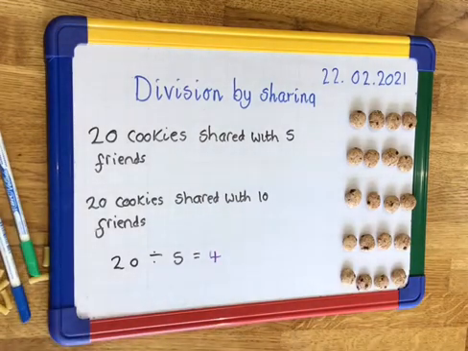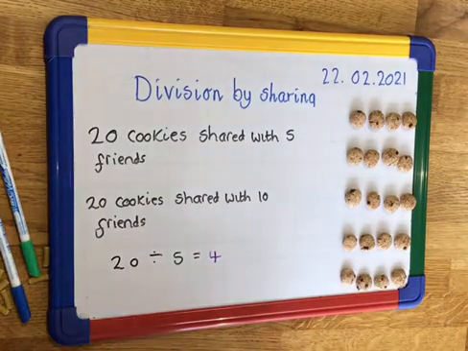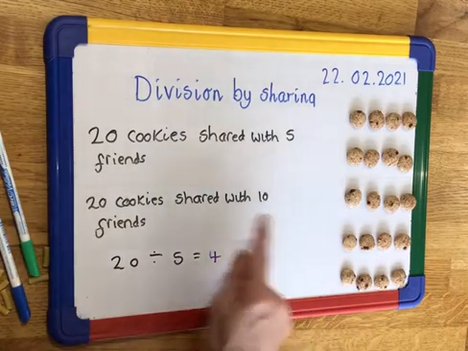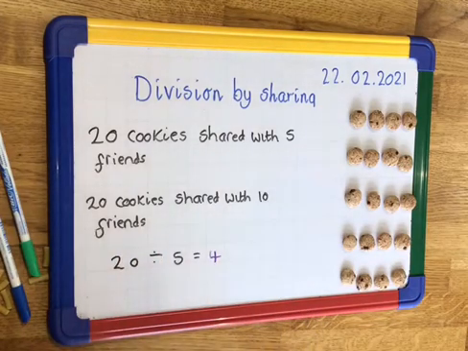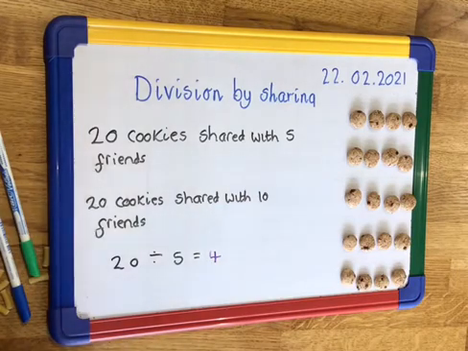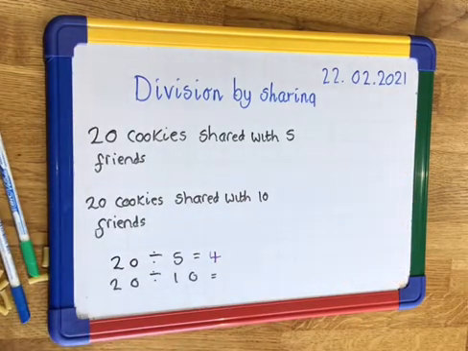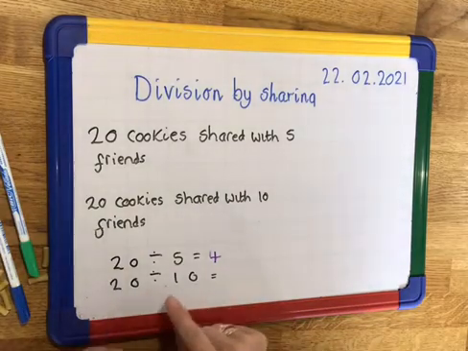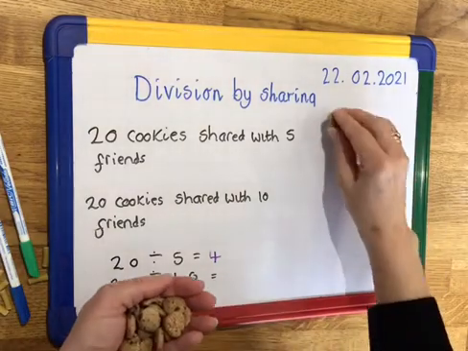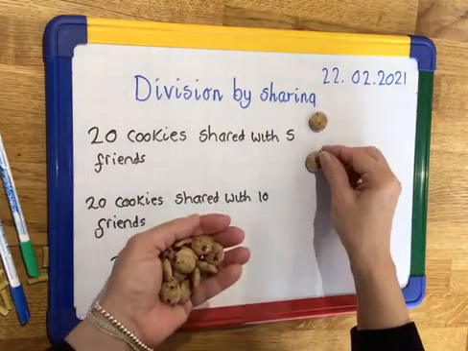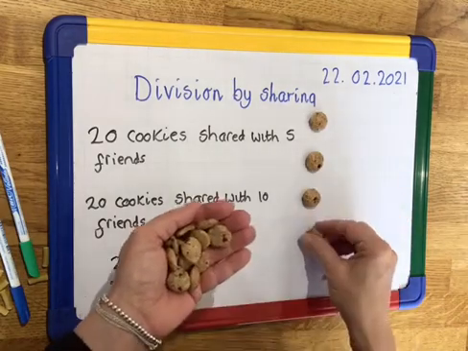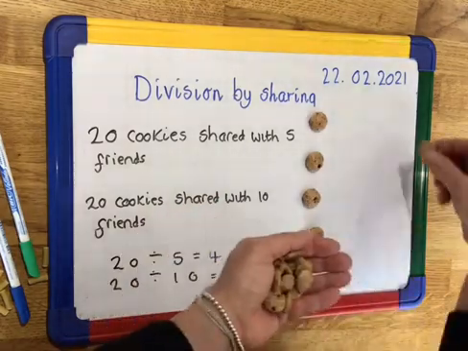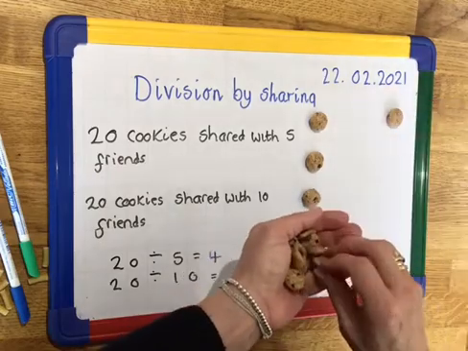I wonder if you can predict what 20 shared with 10 friends, how many will they get? 20 divided by 10. Talk to your grown-up. So let's see what happens if I divide 20 by 10. I'm going to have 10 groups now, so let's do. There's 5, and here's another 5.